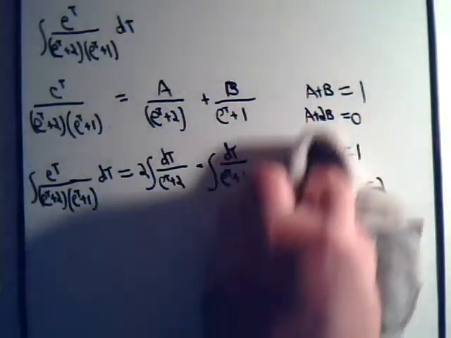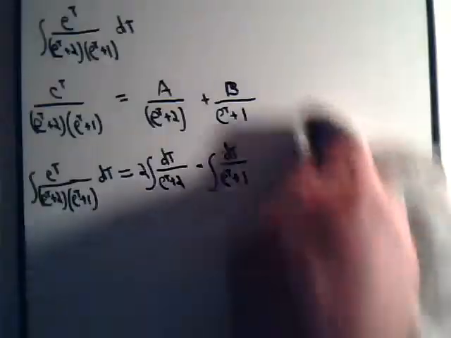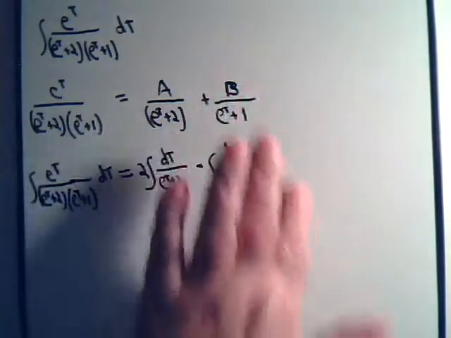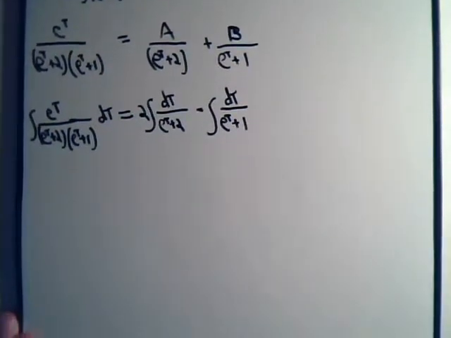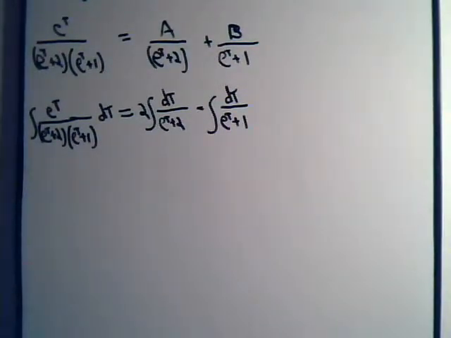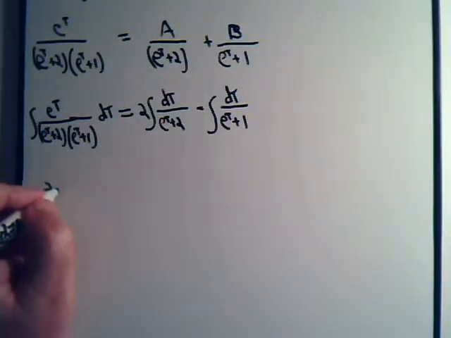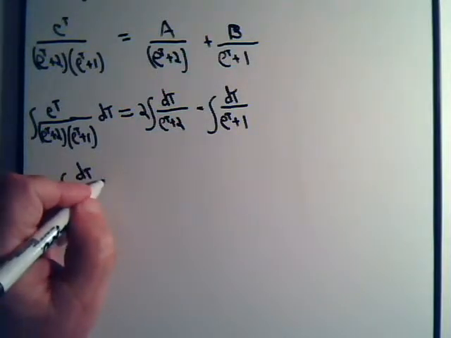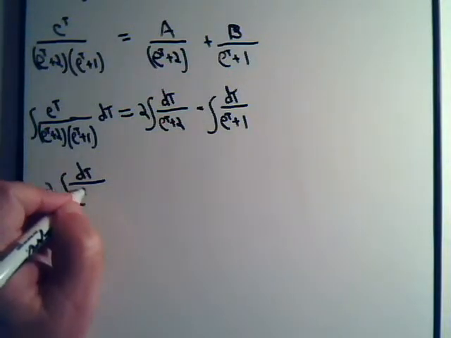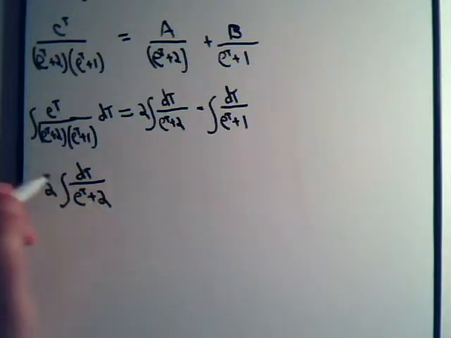Let's make some more room here. Let's look at this integral first. We have 2 times the integral of dt over e to the t plus 2.